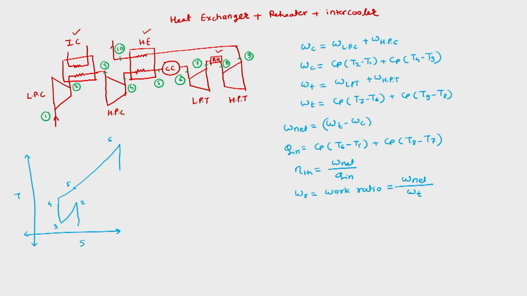Then from 6 to 7 we have the high pressure turbine, then from 7 to 8 we have the reheater, then 8 to 9 we have the low pressure turbine, and then we have 9 to 10 heat loss, and then 10 to 1. So here this is how our cycle will proceed.